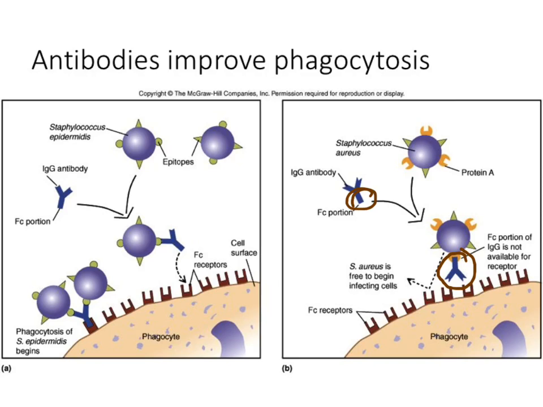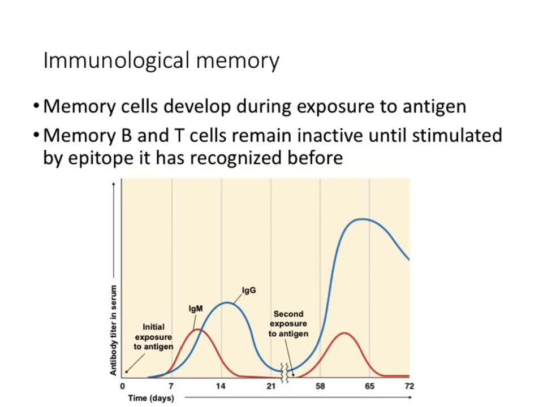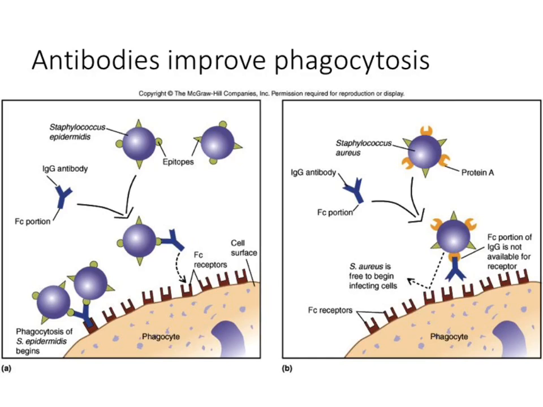But because it binds to the Fc region, it is basically a competitive inhibitor of the Fc receptor. And in doing so, it reduces the ability of the innate immune system to phagocytize Staph aureus in return. Okay. I'm going to pause real quick and see if there are any questions with those features.